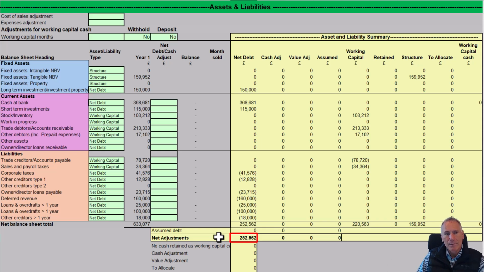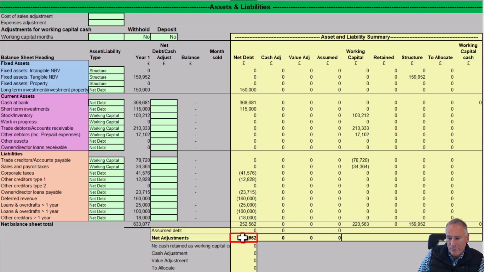That's the net amount. So in theory, at this point in time, in the valuation we put on that business, we would owe the owner another £252,000. Well, that's not a problem at the end of the day, because the business has £252,562 effectively in the bank, less those amounts there. So that's not a problem.